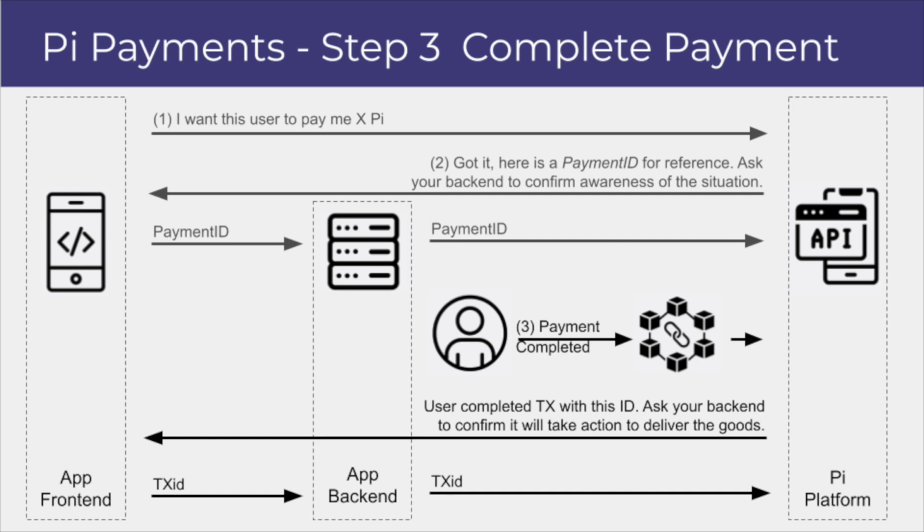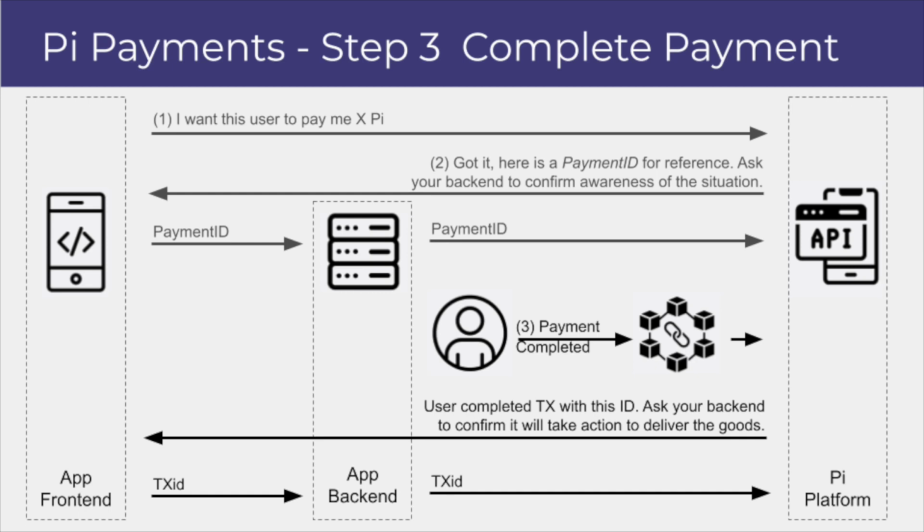The transaction gets sent to the blockchain, which is the first arrow starting from the person's face icon on the slide. There is some interaction that is hidden under the hood between the Pi platform and the blockchain in order to pick up this transaction and know that it is linked with a given payment ID. And that is all handled by the Pi wallet and the platform, and none of it is the responsibility of the developer.